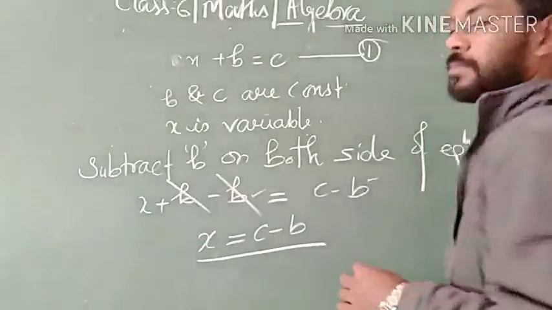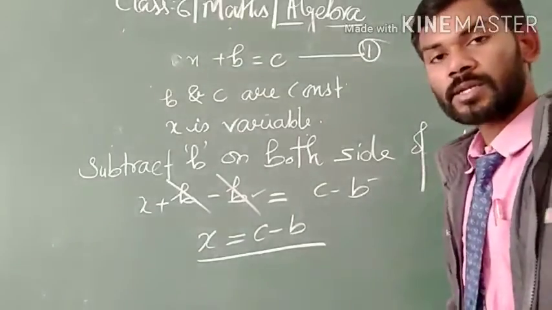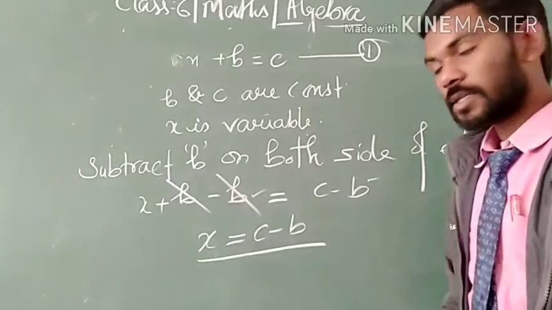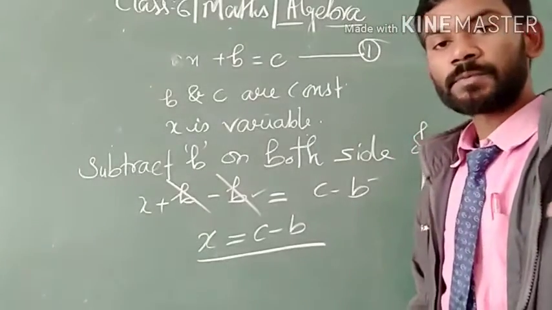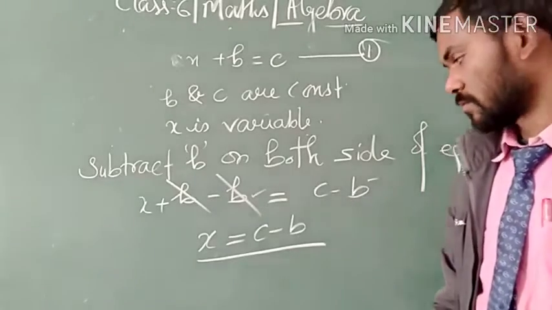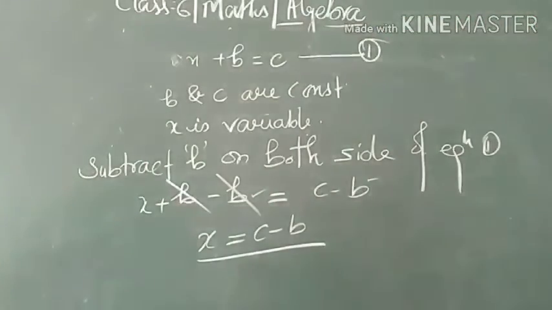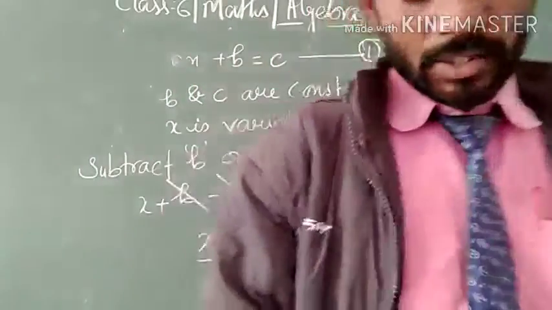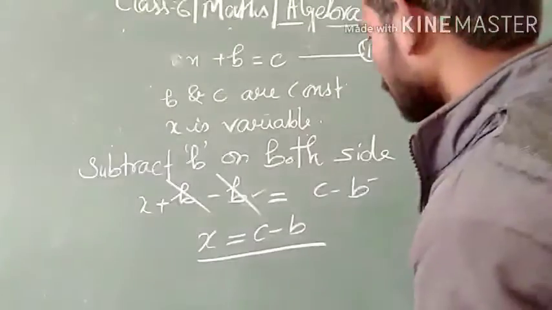In this state, we can see that x is completely independent and hence gives the value c minus b, which will be the required solution of the given equation. Okay students, so this is a general derivation of the formula, or you can say that this is a general solution of the equation. Now let us see some more examples to understand it clearly.